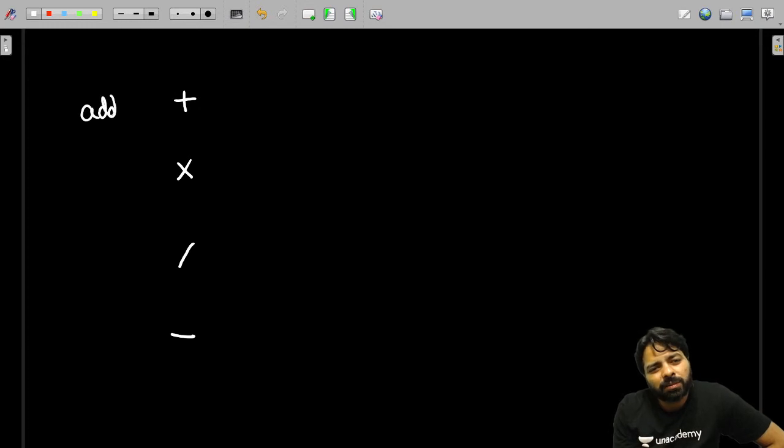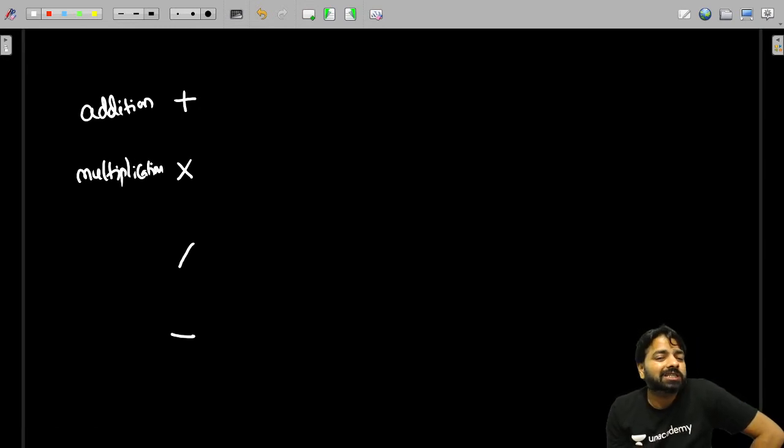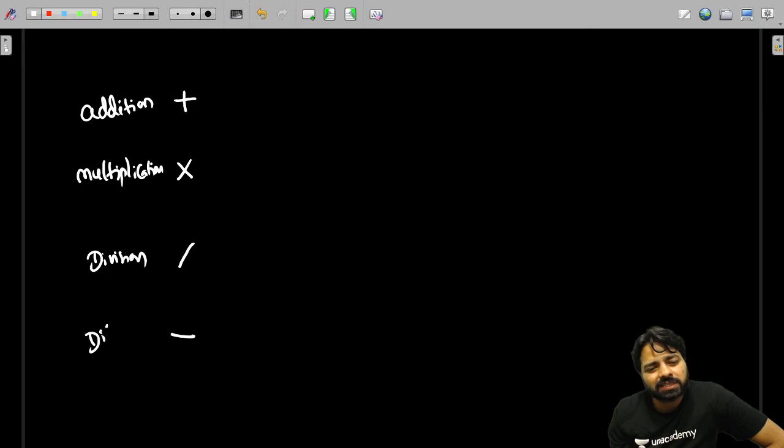Remember these famous operations. Of course, in TOC concatenation is there. In matrices also multiplication, addition, but I am talking about these sets, natural set, real set. Difference, subtraction.